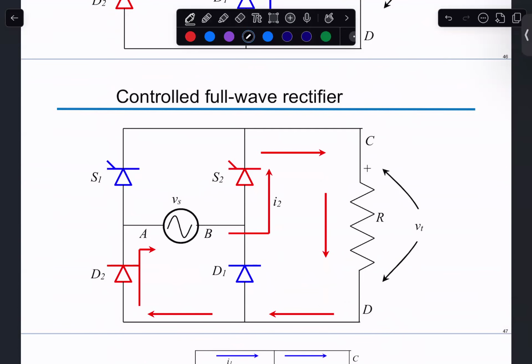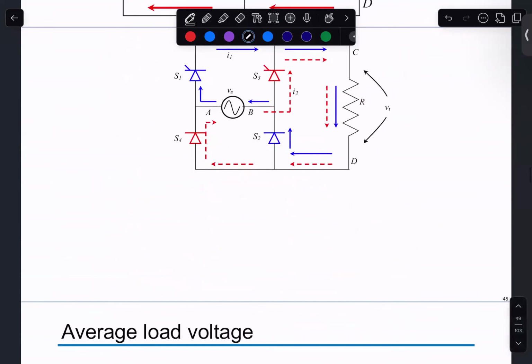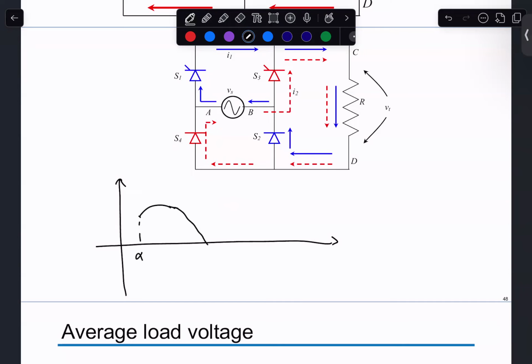Here we choose S2 to be the SCR. Then we draw the waveform, this comes up. Again, basically this just flips. So it has control at alpha, and then this is 0. This goes on again. So this is pi, and this point is pi plus alpha.